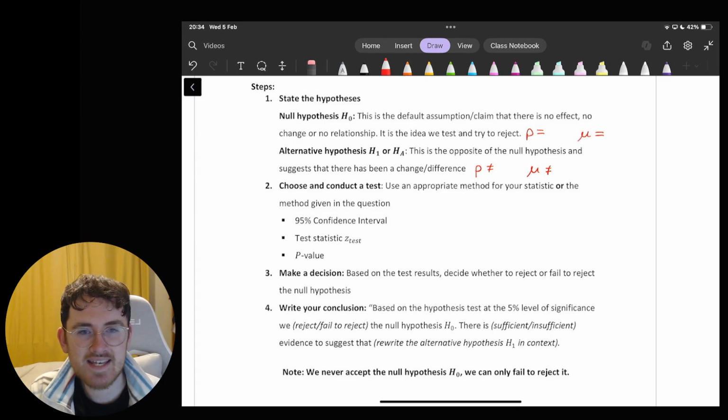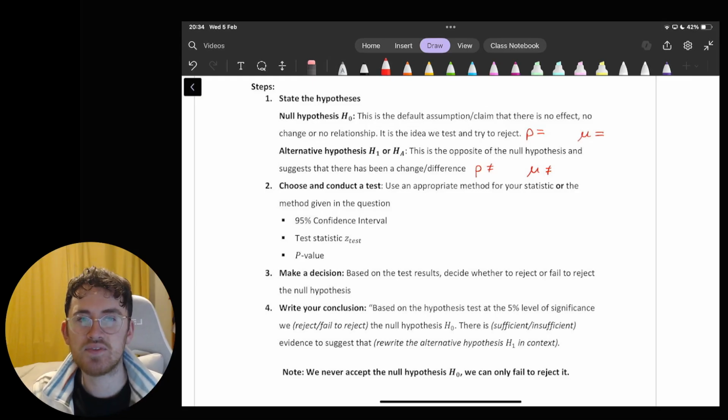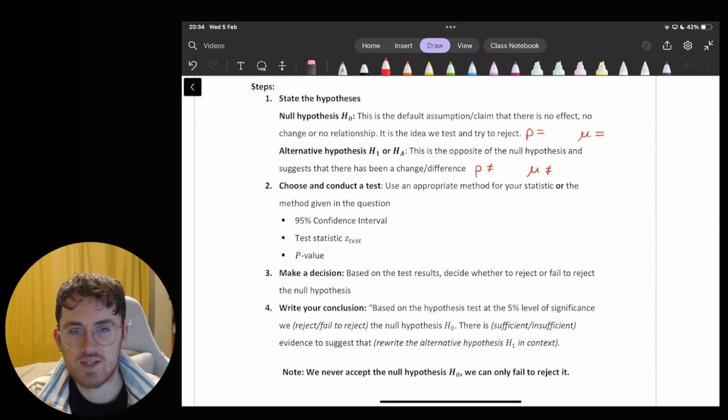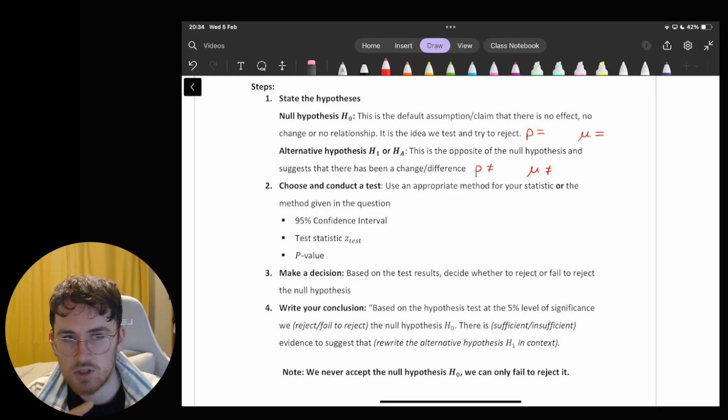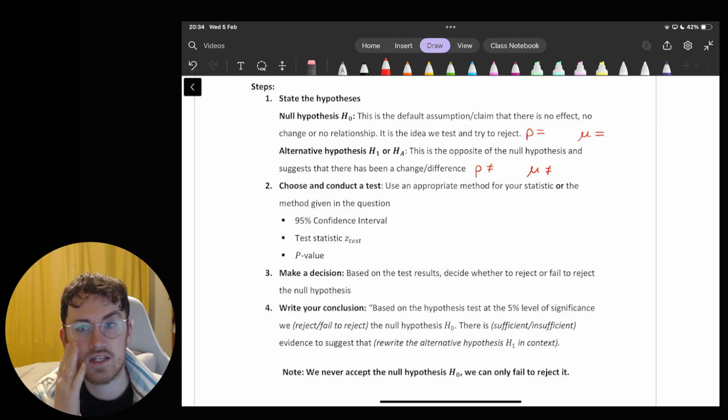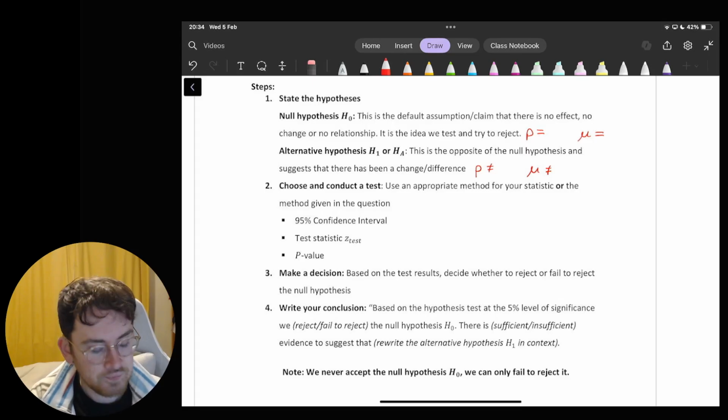We can't really test that it's not something. So we can test that it is equal to something and see whether that assumption works with everything else. It's kind of like contradiction, similar to our proof by contradiction. We're taking that assumption, running with it, and then seeing, does that assumption still work with all the other evidence and information that we have here?